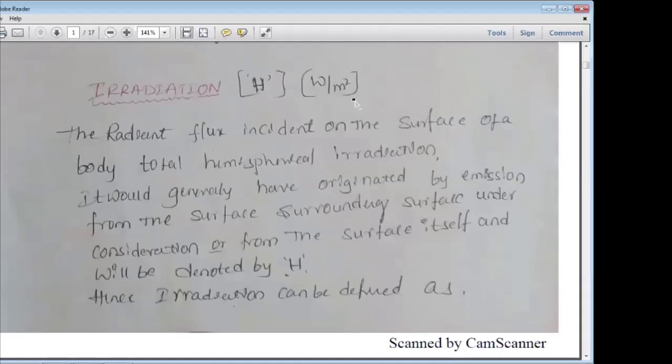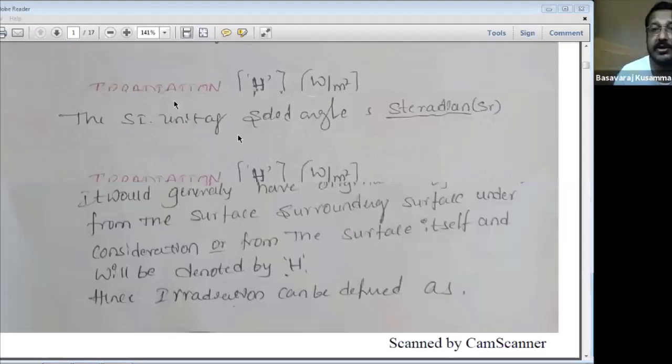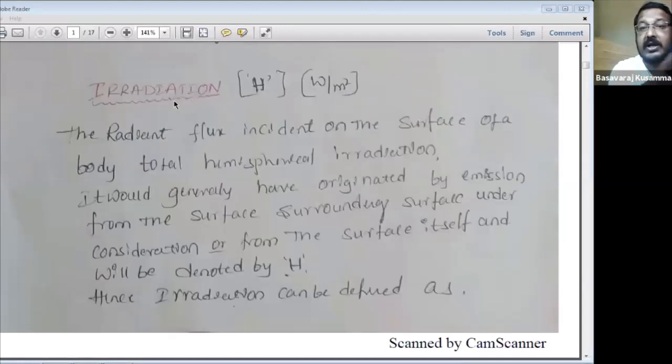If the radiation falling on surface 2 is due to the reflection from surface 1, that is called irradiation. It is radiating again from surface 1 to surface 2. So that is called irradiation.